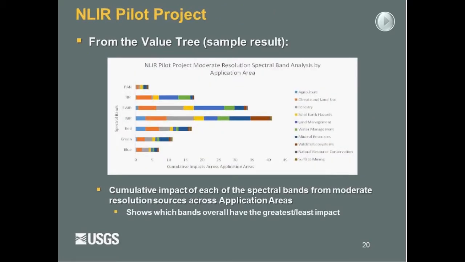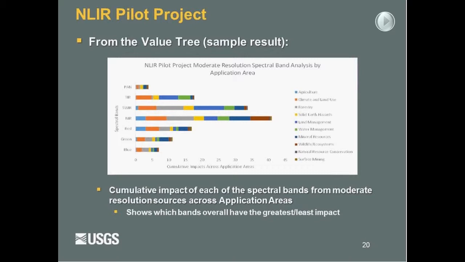So we did get some information back from that, and we had some previous analyses to compare the information we acquired. This is a sample result. This is a very small sample size, but what this chart shows is, as a result of that elicitation, the cumulative impact of the spectral bands from moderate resolution. These are spectral bands from Landsat 7.